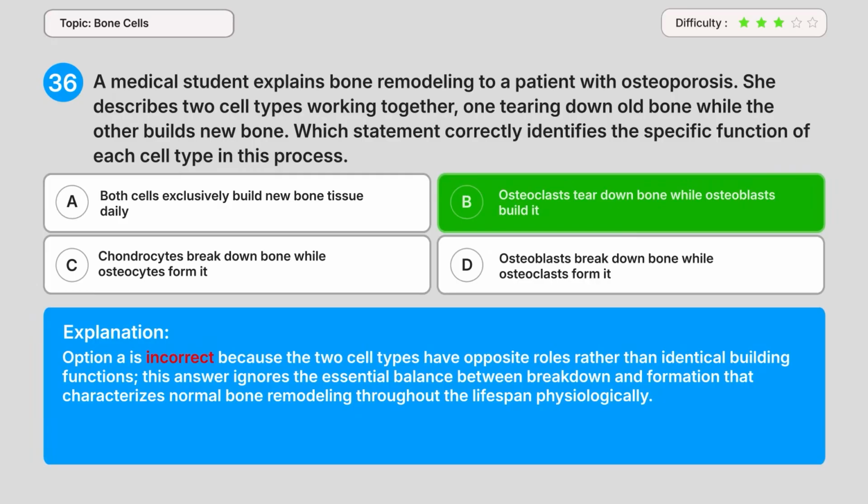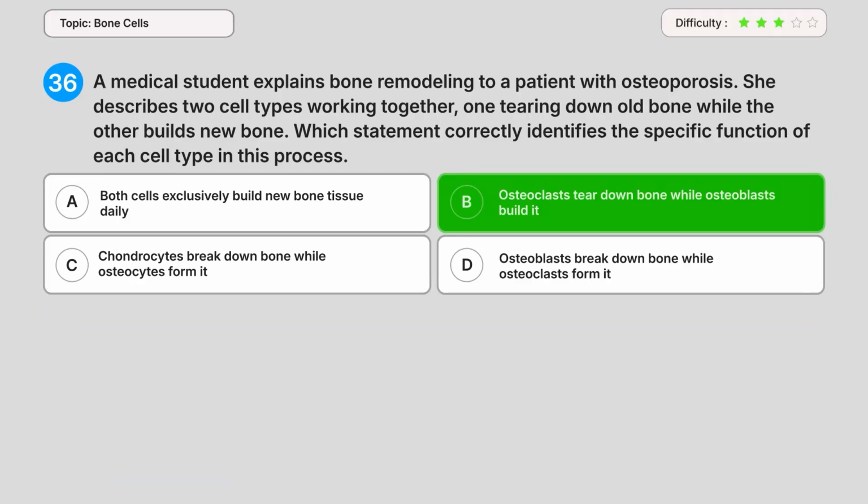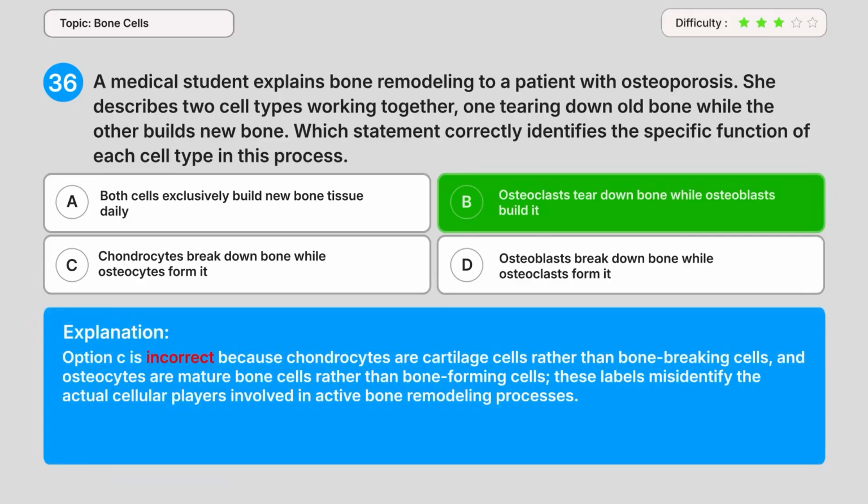This answer ignores the essential balance between breakdown and formation that characterizes normal bone remodeling throughout the lifespan. Option C is incorrect, because chondrocytes are cartilage cells rather than bone-breaking cells, and osteocytes are mature bone cells rather than bone-forming cells.